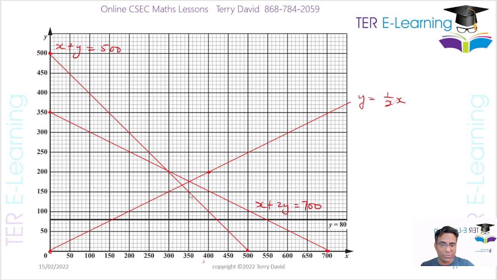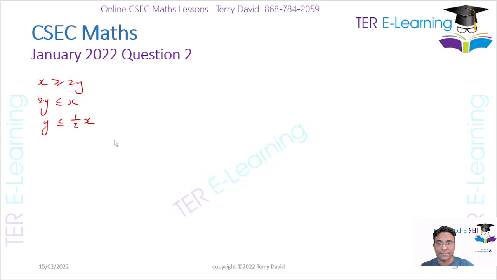I'm going to just choose any point. I'm going to choose this point here, 300, 0. You all can choose any point. So my test point is 300, 0. What we're doing is checking to see if that point actually lies in the correct region. So I'm going to substitute that into my inequality.